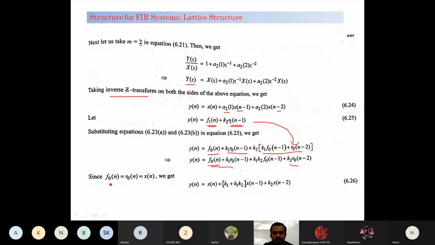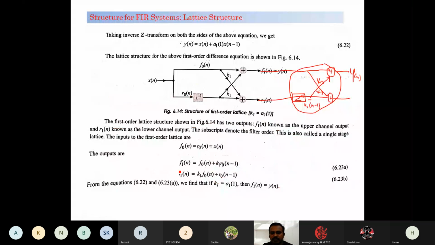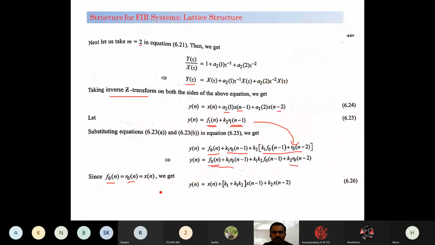Since we know what f0 and r0 are from the previous time, f0 and r0 are nothing but the input signal x of n itself. So we come to know what is the actual y of n. For y of n, you just replace f0 and r0. So f0 of n is nothing but x of n, and if you take the common terms, it is x of n minus 1.